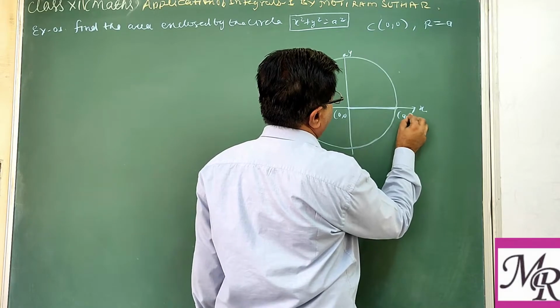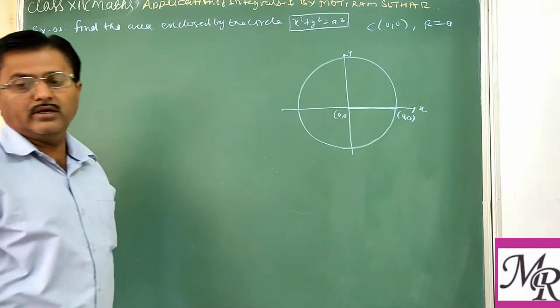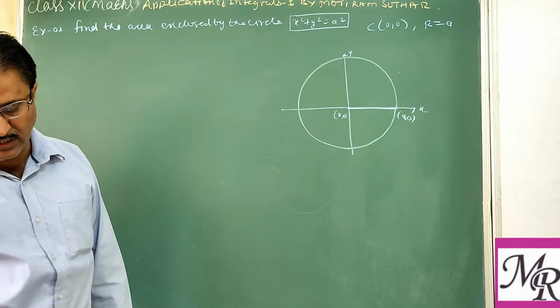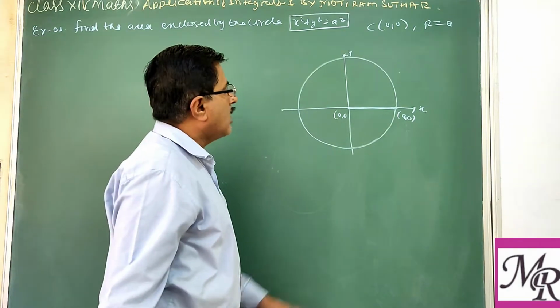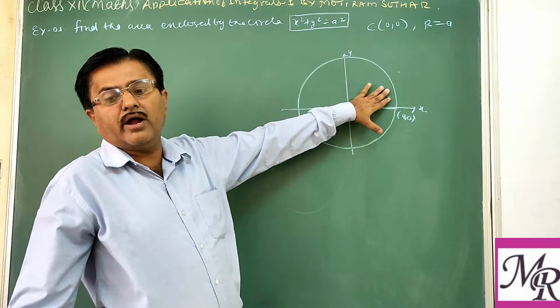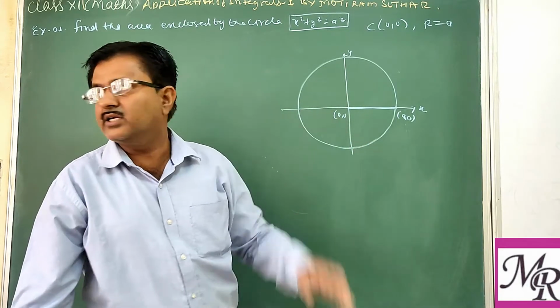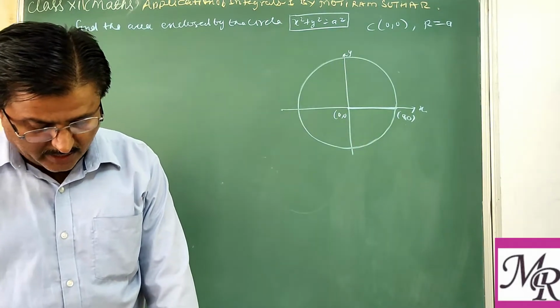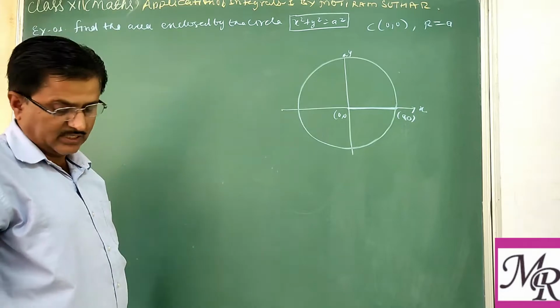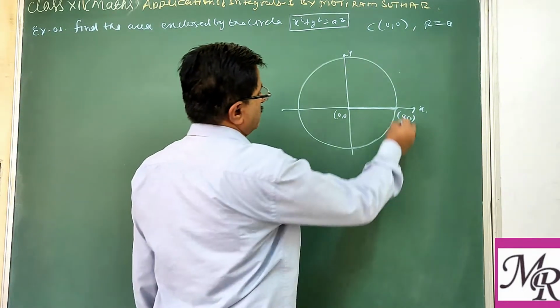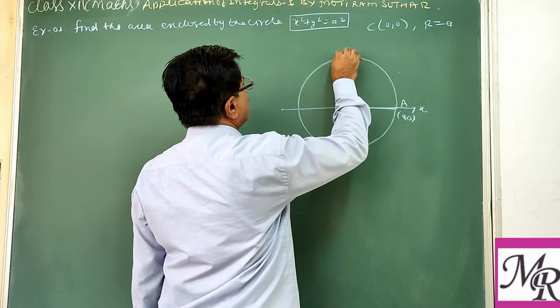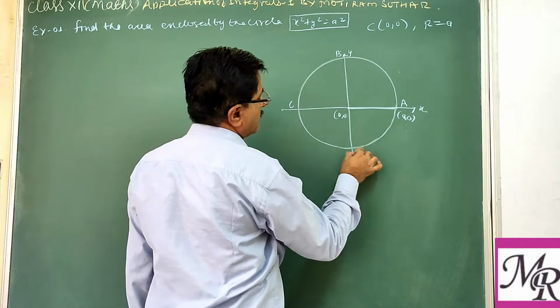So A's coordinate is (a, 0) on the x-axis, and B is (0, a) on the y-axis. Now this circle is divided into 4 equal parts, or we can say 4 regions. Clear? So you may name them A, B, C, D.